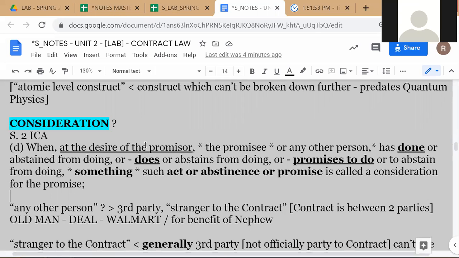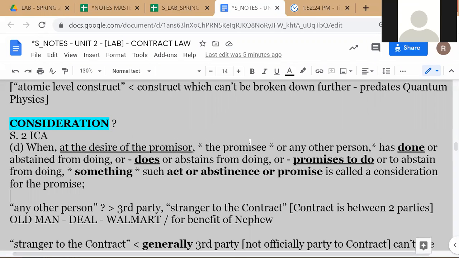So I am making a proposal, and I am therefore the promiser. And while I make that proposal, I'm also expressing a desire to the old lady, who is going to become the promisee once she accepts my proposal, that you should promise to pay me $100 a week.